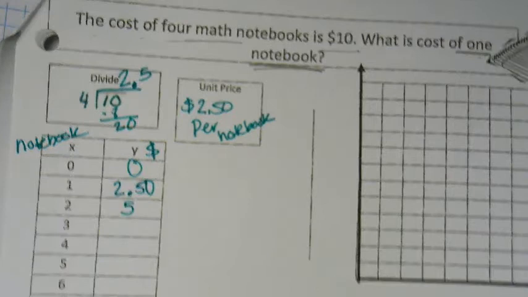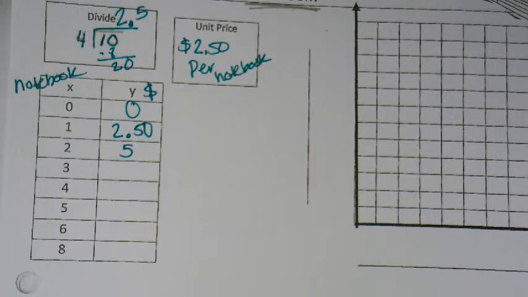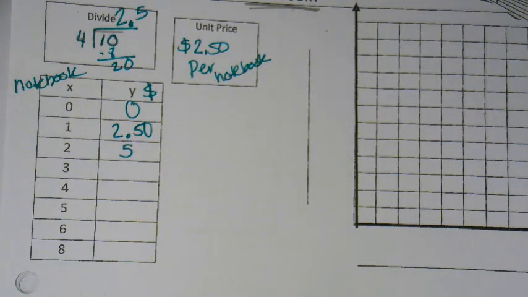Be careful, I skipped on the last part. I jumped to 8. I'm giving you a couple seconds. What do I want you to do? Add 250 plus 250 plus 250 plus 250.